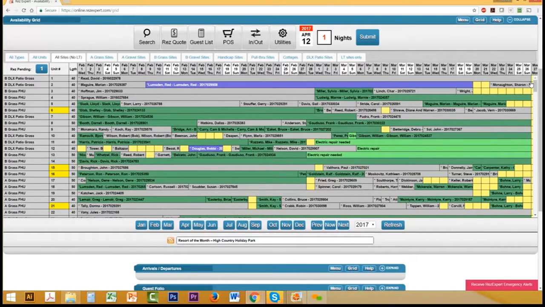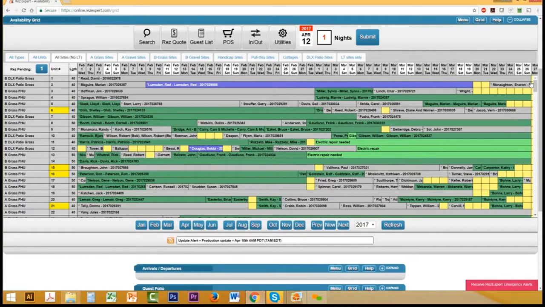So what is auto optimization? If you can just explain what that is. Obviously, I know what it is. So basically, when a reservation comes in, the grid will put that reservation into the spot where it creates the best possible back-to-back occupancy.